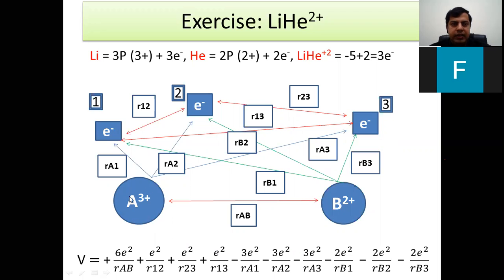First, it is the lithium nucleus, and it is going to interact with the first electron, and 3 multiplied by 1, the net effect is 3, plus multiplied by minus, the charge is minus, and the distance between these two is Ra1.